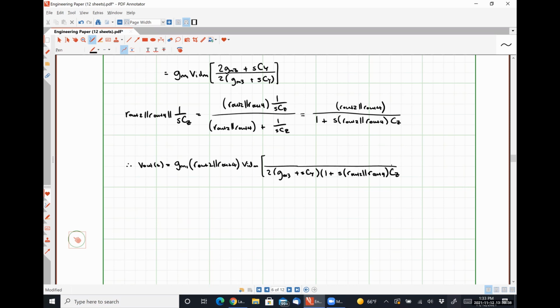And my numerator here is just twice GM3 plus SCY.